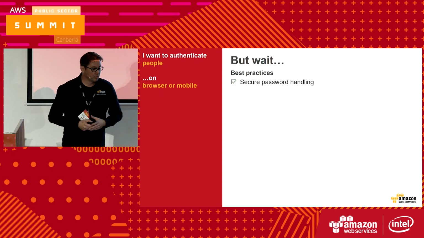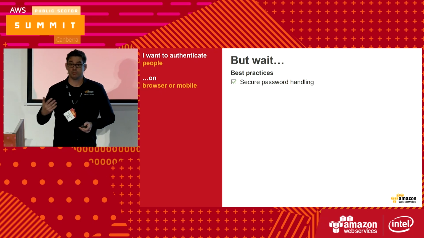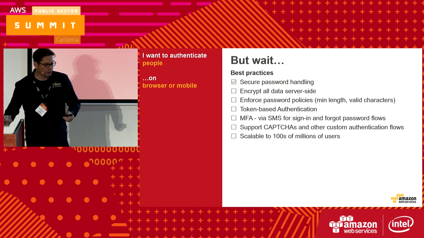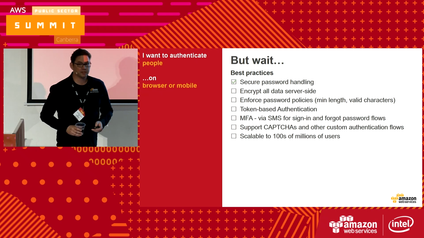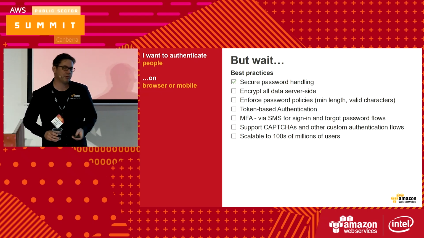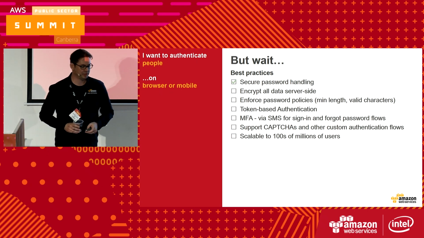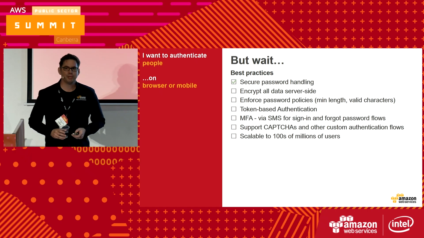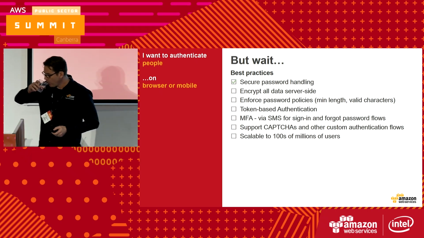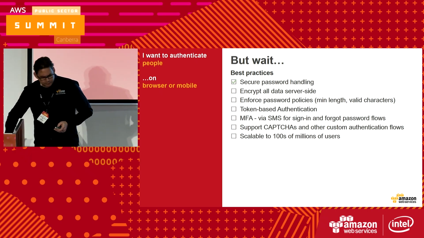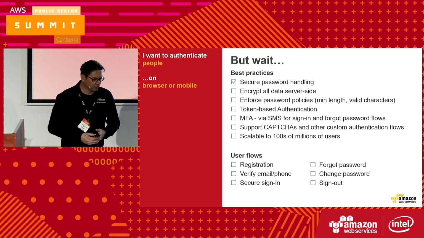So great. We've got some really good password policy controls, but what about encrypting data server side? What about enforcing password policies, token-based authentication, multi-factor authentication, providing support for CAPTCHA integration, and being able to support millions of users? What about user flows?